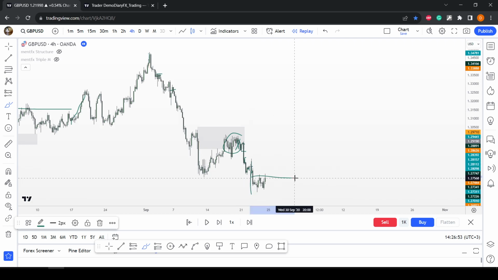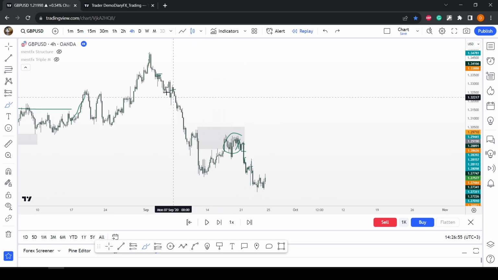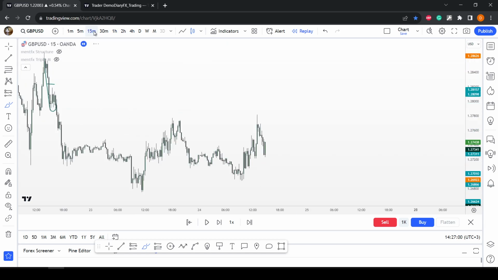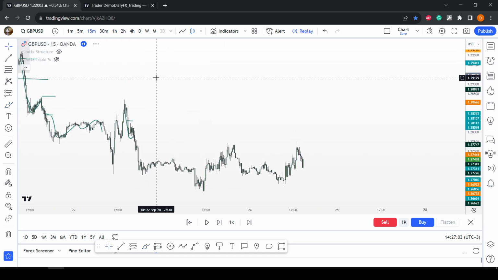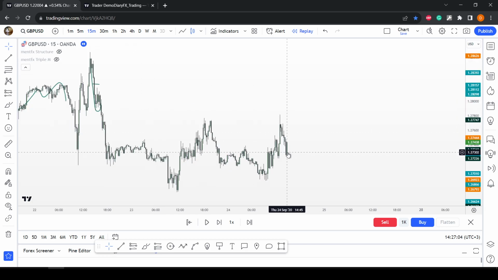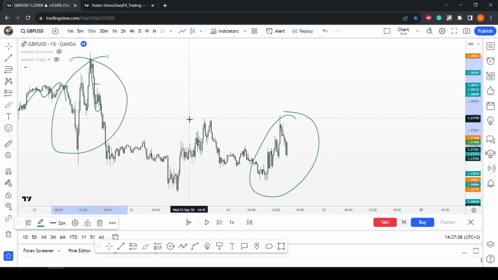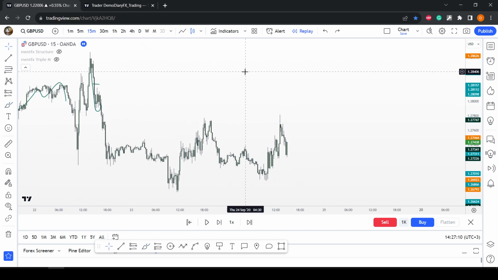We have impulse, wider correction. Interesting what will happen now, because this is almost the same pattern as this, but not so extended.